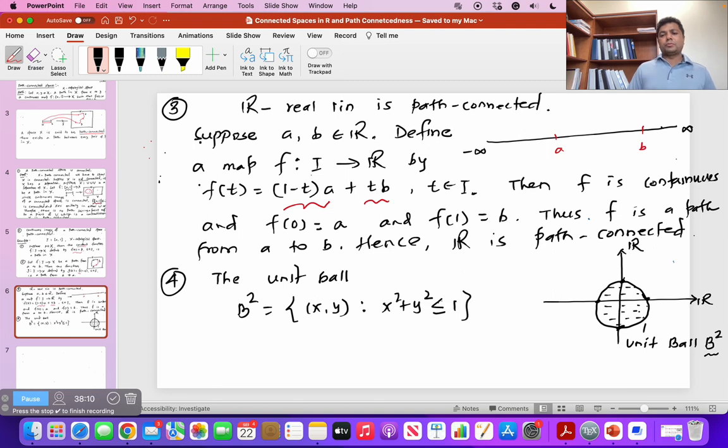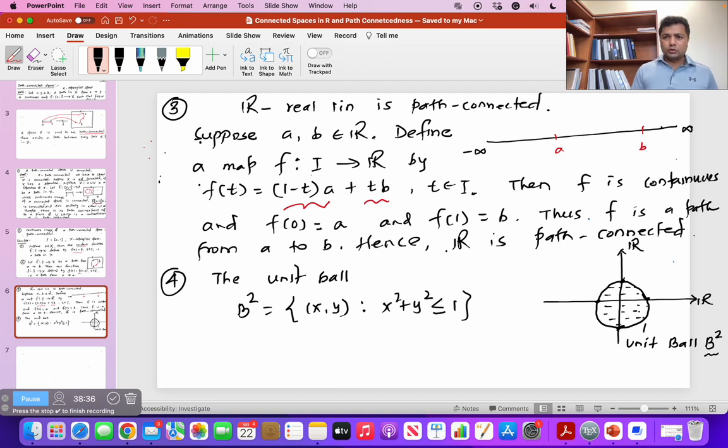If x squared plus y squared equals 1, you get the points on the unit circle, and if it is less than 1, you get all the points inside the circle. Now obviously, geometrically you can see that if you pick any two points on this unit ball, you can find a path.